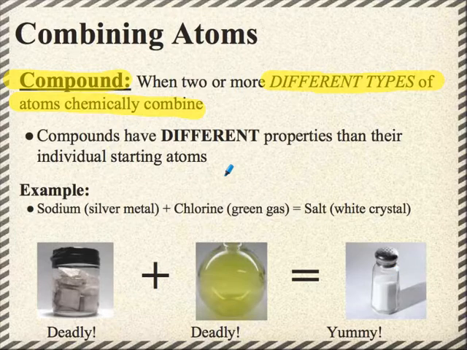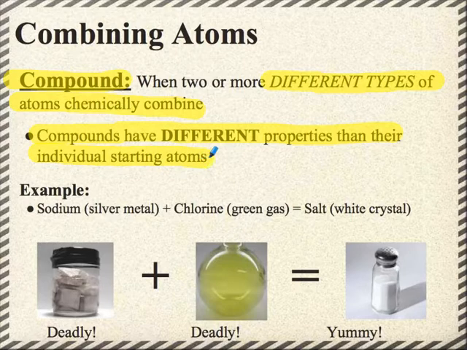All right, now, the thing that we talked about is this. When you create a compound, the final compound is going to be drastically different than what they were to begin with. For example, sodium is very deadly. All right, chlorine is also very deadly.